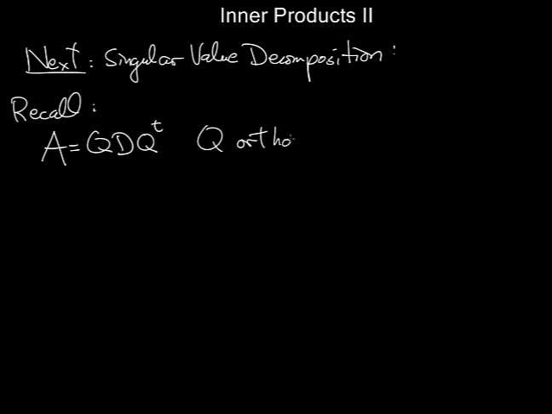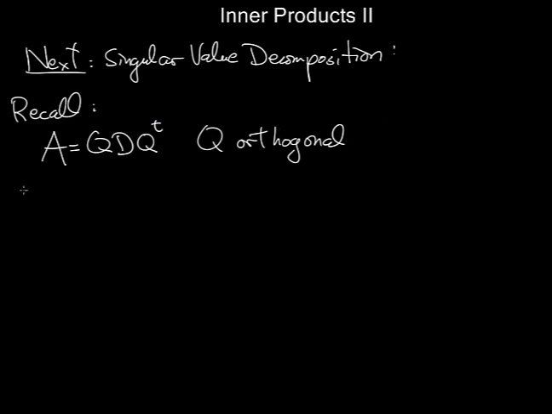Let's go on to the notion of singular value decomposition. So remember, if A is a matrix, we are interested in writing it as QDQ transpose, where Q is orthogonal.